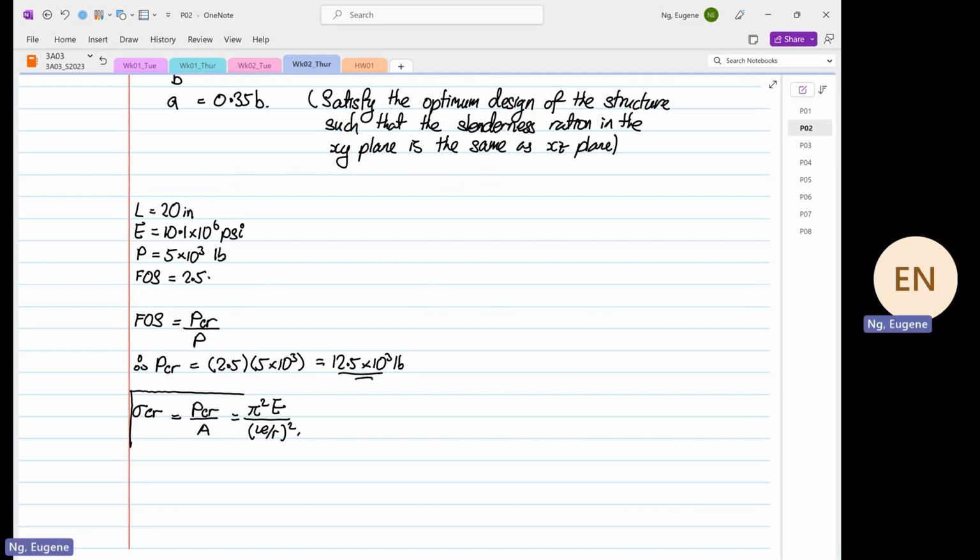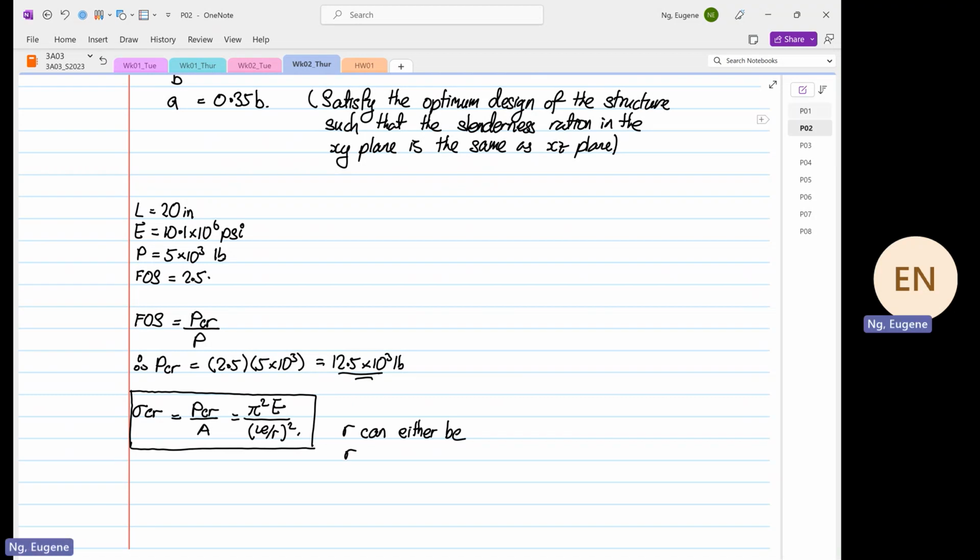Now we have to be careful over here. What do I mean to be careful? As I said, this is the general formula. We have to be careful because the R over here can either be RZ.